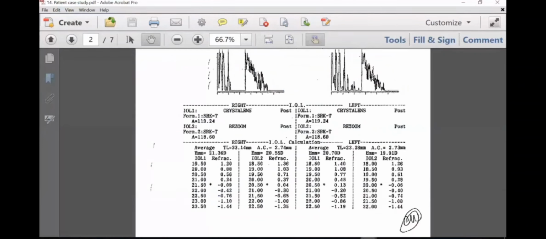That means the midpoint is slightly myopic, at minus 0.09 diopters.